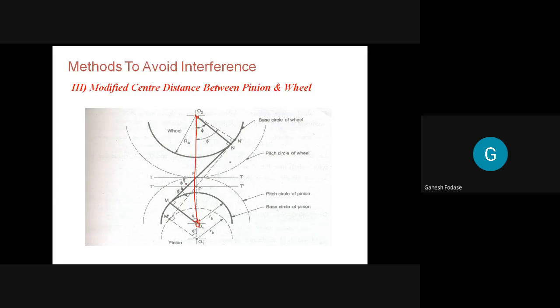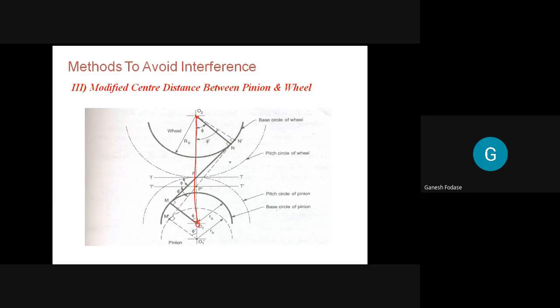Initially it was phi, and later on it will be phi dash. So by increasing the center distance, the pressure angle is increased, but the base circle radius as well as the speed ratio, the velocity ratio, remain the same. So we can avoid the interference by modifying the center distance also.